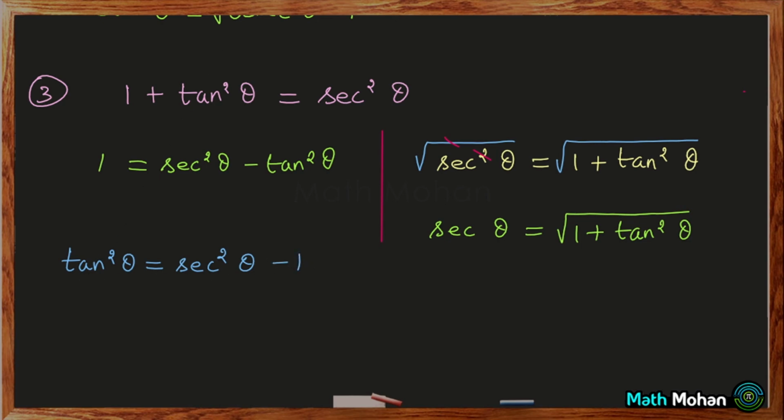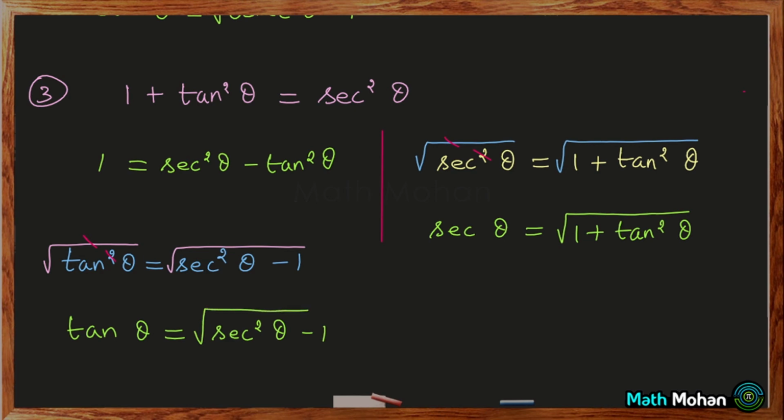And now if we need tan theta, we take the square root on both sides, and this gets cancelled, and as a result we'll have tan theta equal to the square root of secant square theta minus 1.